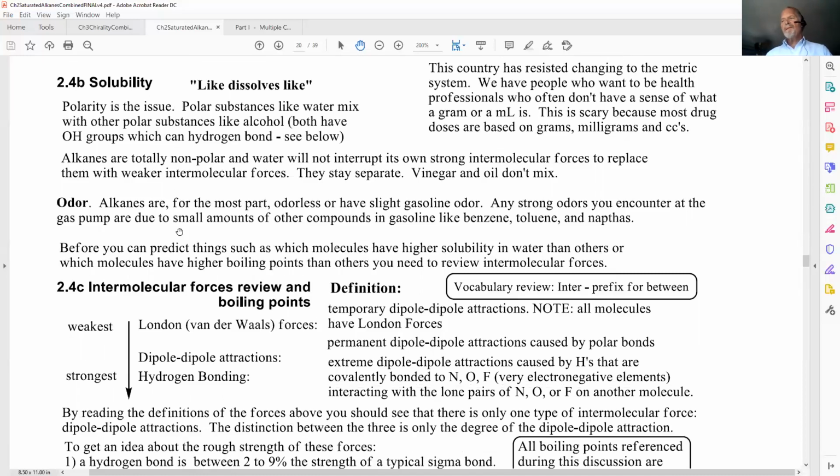Hydrocarbons do not like dissolving in water. I think we'll just do physical properties for the rest of the day. Hydrocarbons don't dissolve in water because they're nonpolar. You can't have a molecule that has only nonpolar bonds be polar.